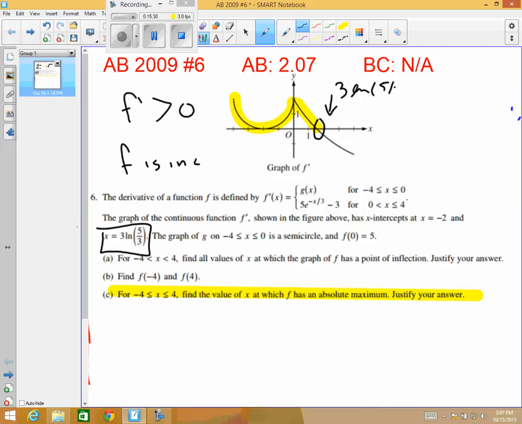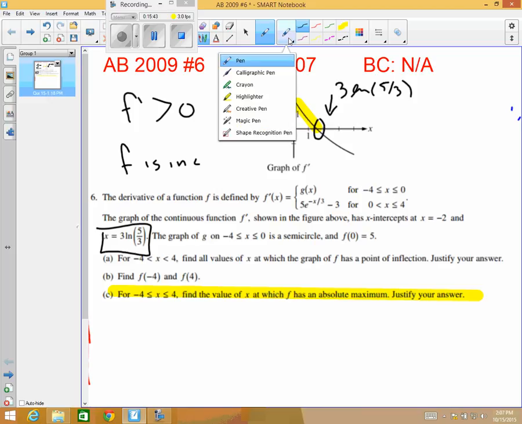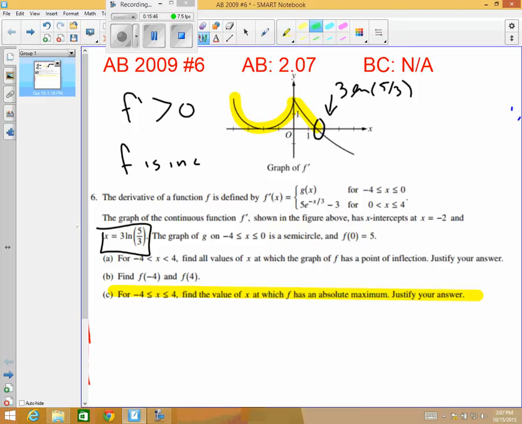At that exact point, the graph starts decreasing. f prime is negative, which means f is decreasing. So pictorially, we have something like this. The function is increasing, and then right at that point, it becomes decreasing. So our absolute maximum must be right at that value where f prime changed from positive to negative, which happens to be at x equals 3 natural log of 5/3.